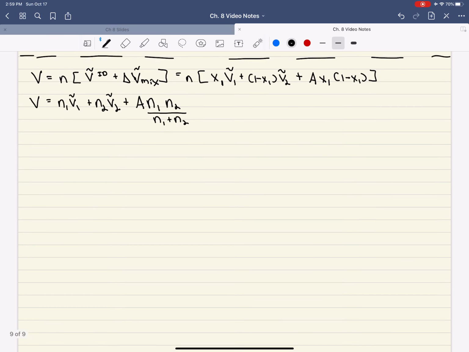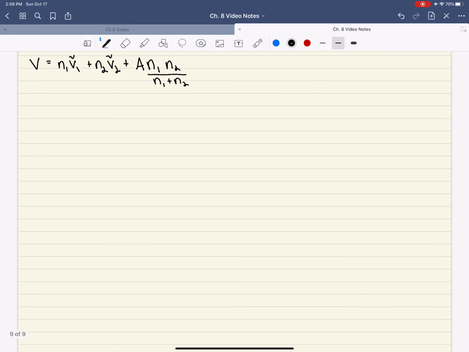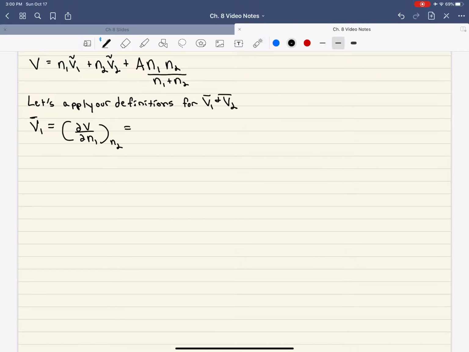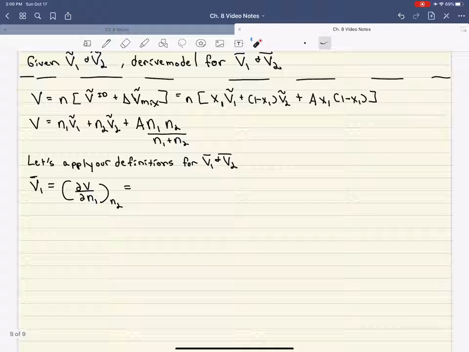To figure out V1 bar and V2 bar, let's apply their basic definitions. For V1 bar, we know that it's the partial derivative of V with respect to N1 at constant N2. So we just need to take the partial derivative of this equation with respect to N1.